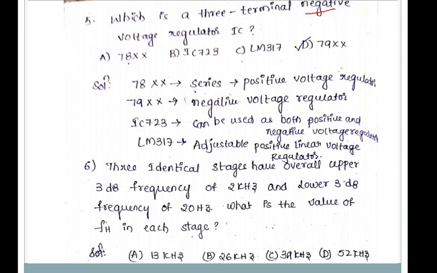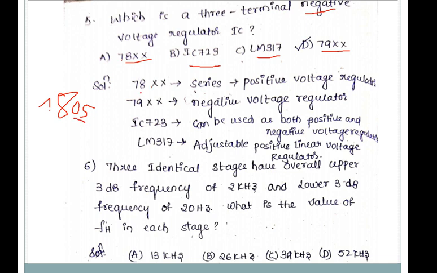The 78 series indicates positive voltage regulator ICs, IC 723 can be used for both positive and negative voltage regulation, LM317 is an adjustable positive linear voltage regulator, and the 79 series is used for negative voltage regulator ICs. For example, if the IC number is 7805, it is a 5 volt regulator IC, and those 5 volts are positive voltage.